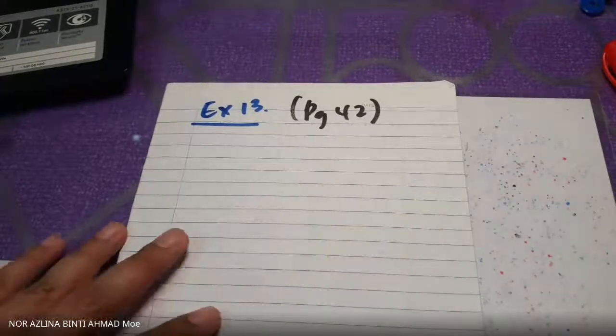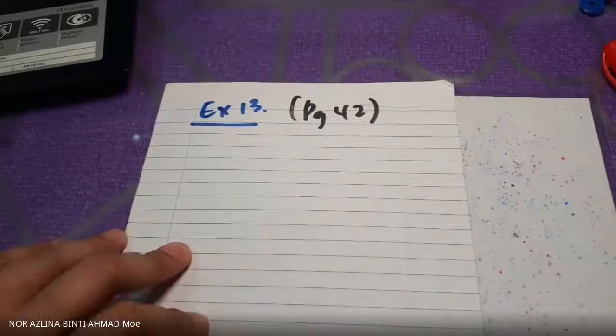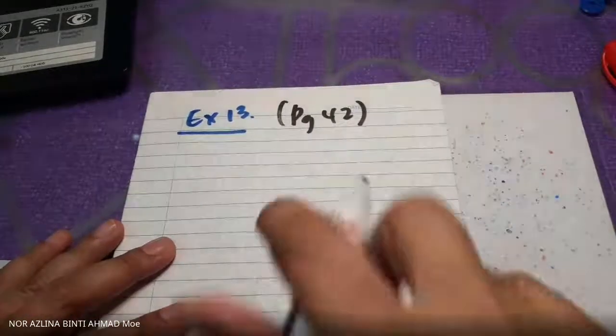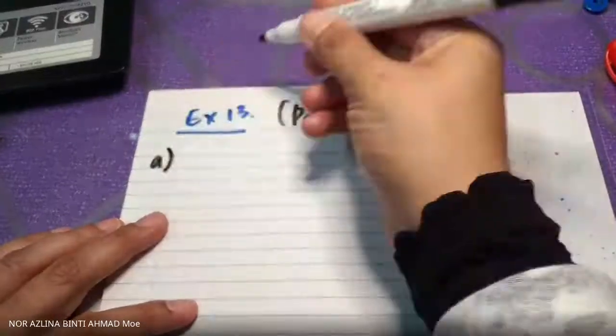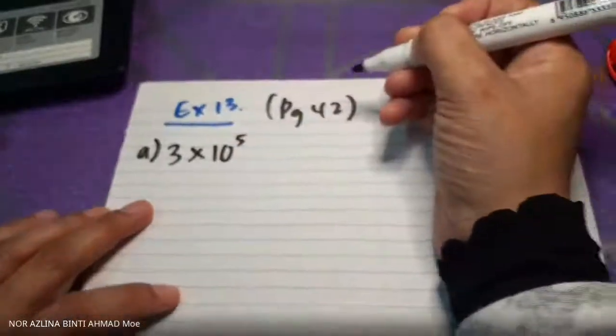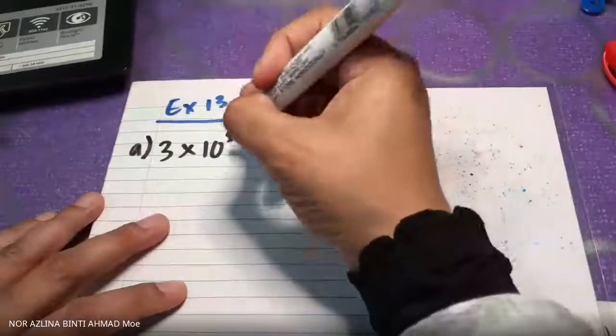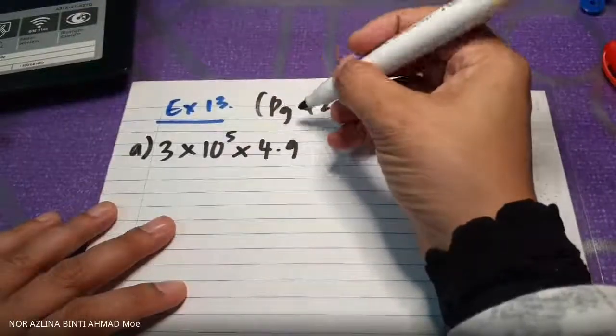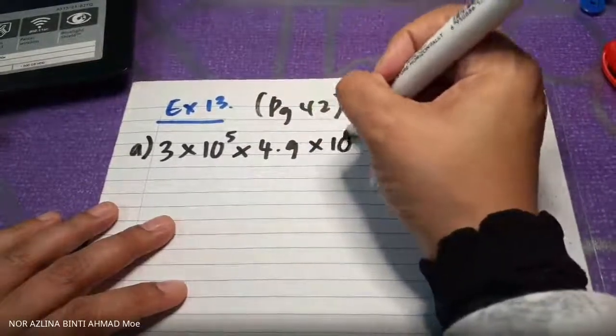Okay, example 13. Solve the following operation. State your answer in standard form. 3 multiply 10 to the power of 5 multiply 4.9 times 10 to the power of 2.